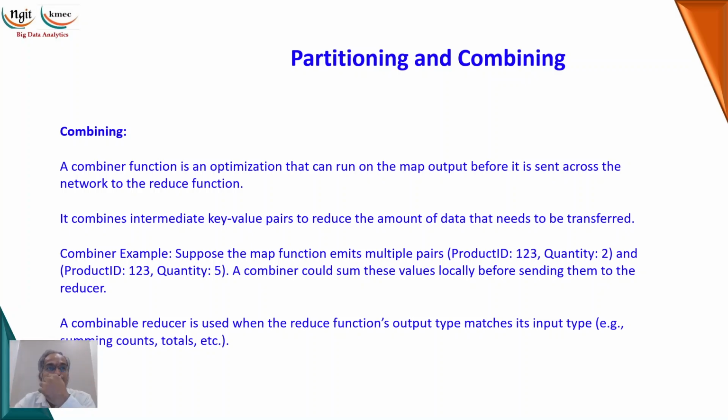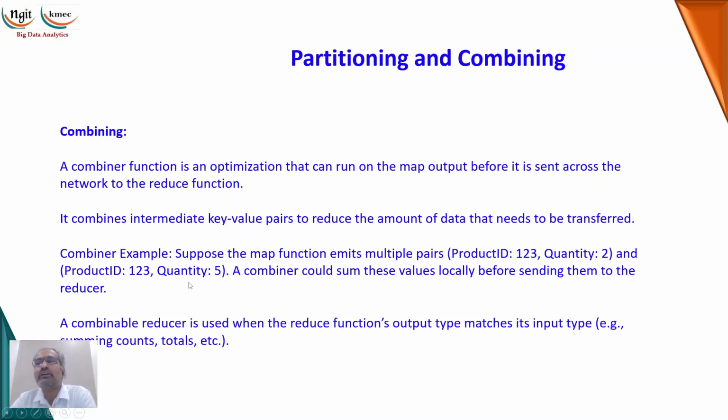Let us say here the combiner example: the map function emits multiple pairs. I see here product ID 123 with quantity 2, and product ID 123 with quantity 5. The combiner could sum these for product ID 123. This is from one mapper and this is from another mapper.